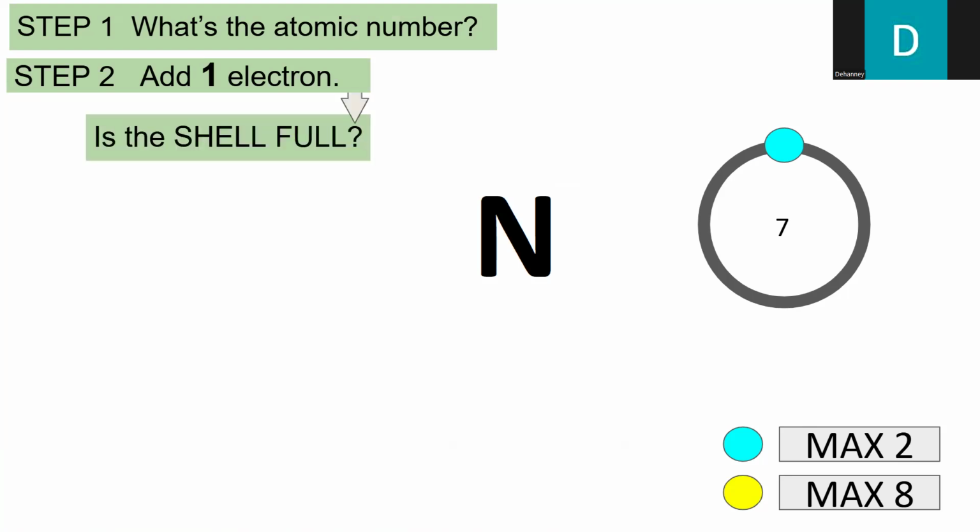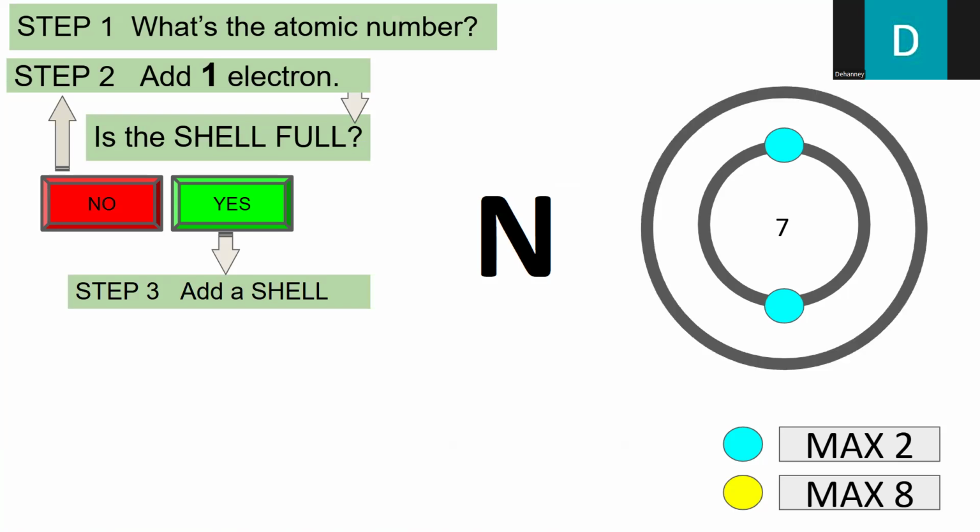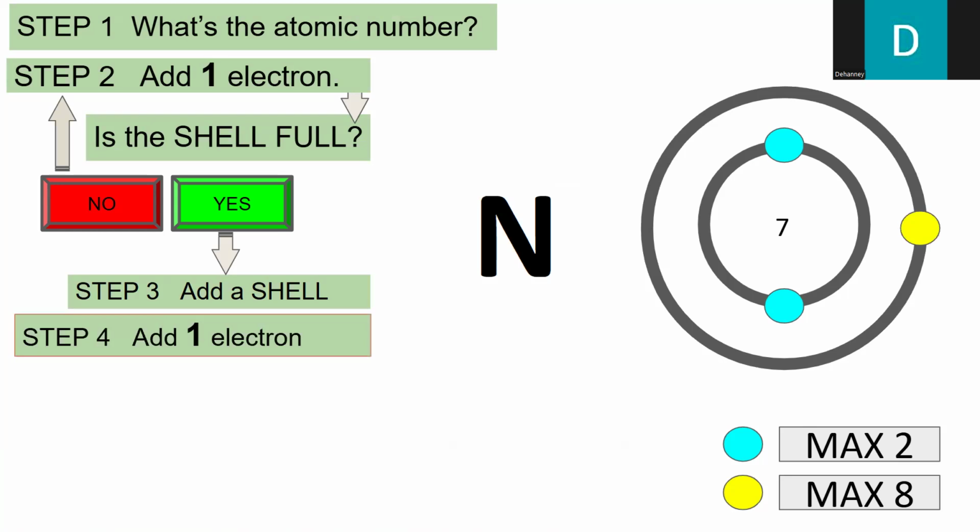So is the shell full? No, add 1 more. Okay, we've added 2. And they'll probably be yelling, add another shell. Okay, add a shell. What do we do now? So we add 1 electron, but we have to be careful. All right.